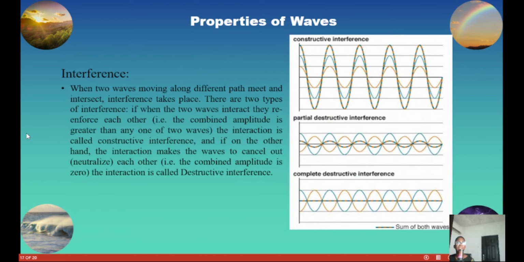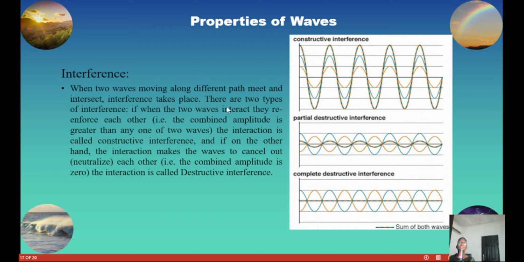So let's go to another property, which is interference. When two waves moving along different paths meet and intersect, interference takes place. There are two types of interference.